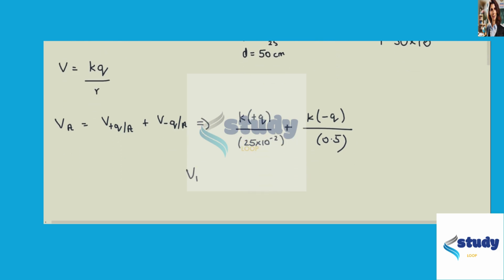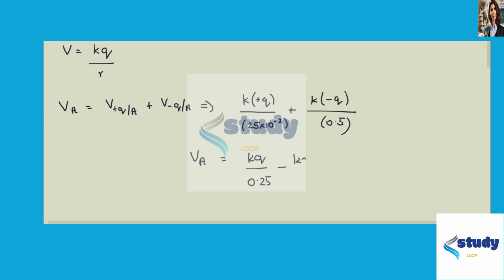So the total potential at A is equal to KQ divided by 0.25, which is 25 into 10 to the negative 2, minus KQ divided by 0.5.